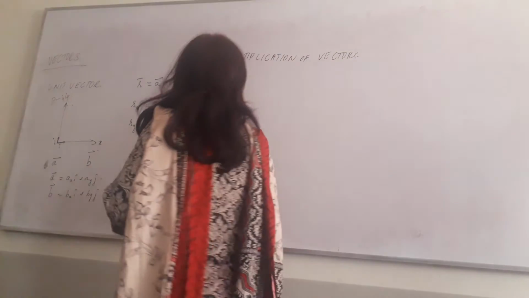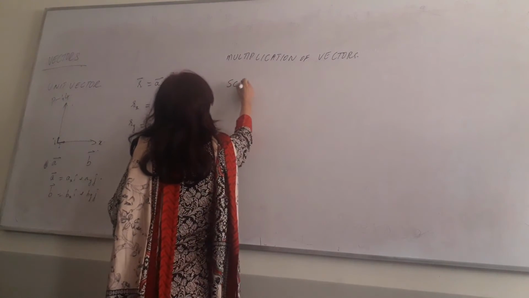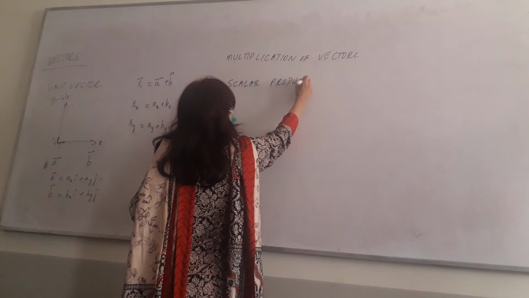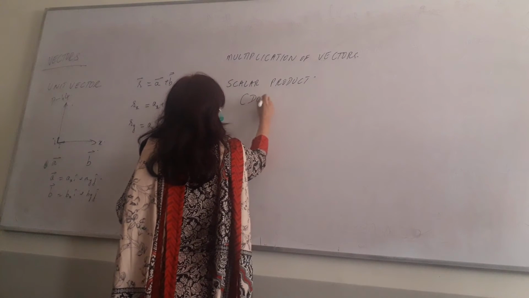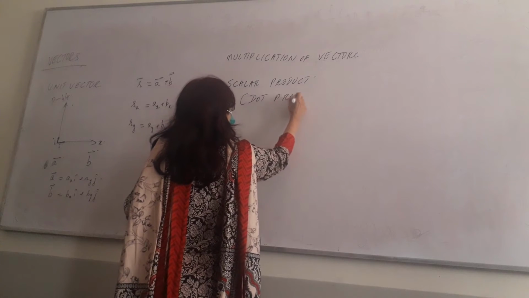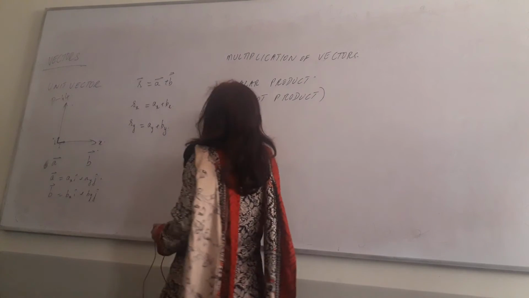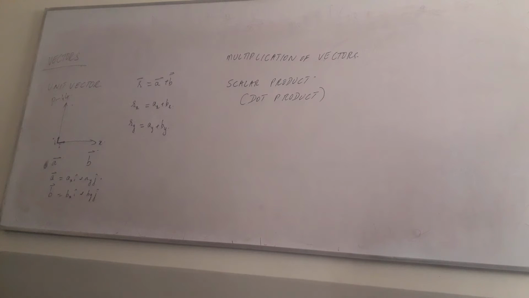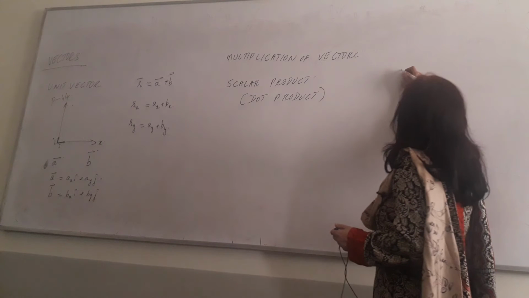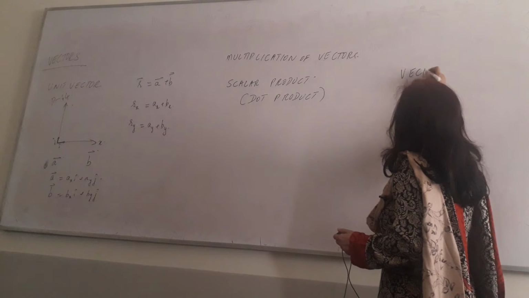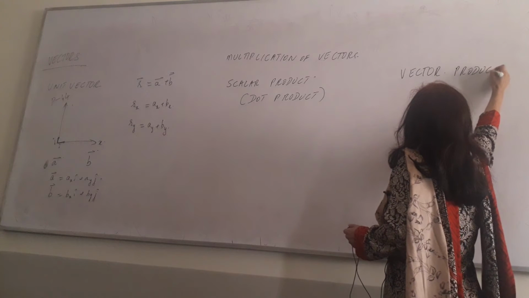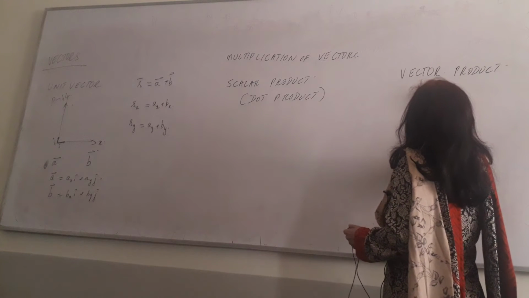One is known as the scalar product, or the dot product. You've studied this before? Good. And the second one is the vector product, also known as the cross product.